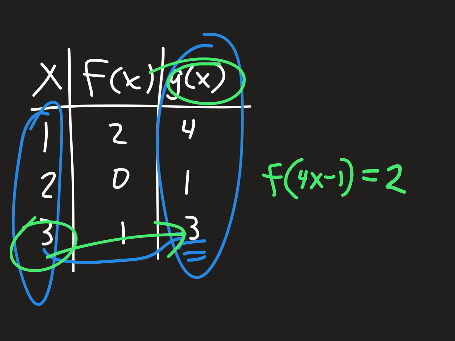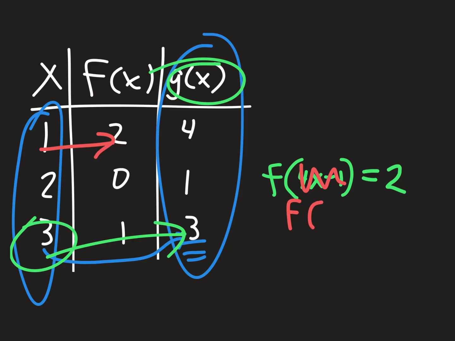This kind, I scribble out the inside, and I figure it out that way. f of what is 2? f of 1 is 2.